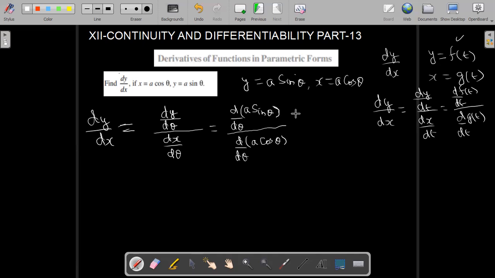Okay, so a is constant and will come out, and the differential of sin theta with respect to theta is cos theta. Similarly, here also a is constant, and the differential of cos theta is minus sin theta. So a and a will cancel. You get minus cos theta upon sin theta, that is minus cot theta. So we get the answer in theta, so it is a function of theta. This is called a parametric function. Okay, got it?